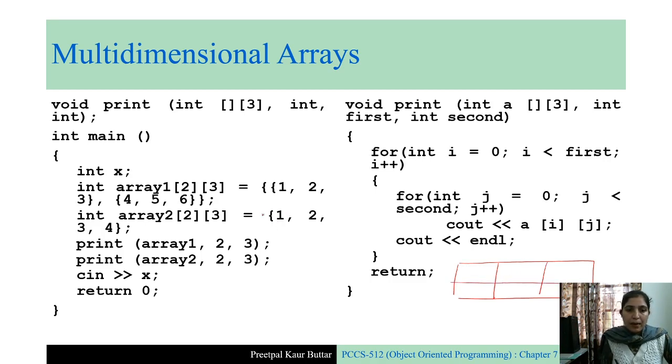But when you use only single braces, opening and closing braces, the compiler will start allocating the first element to index 0, 0, second element to index 0, 1, third element to index 0, 2, then fourth element to index 1, 0, and after that we have no elements, but we have allocated space, so these will be initialized to 0.